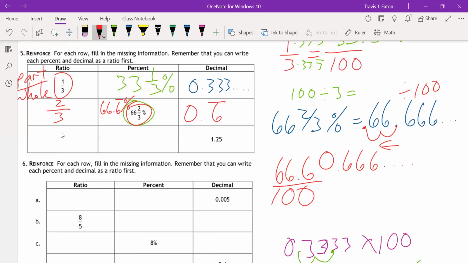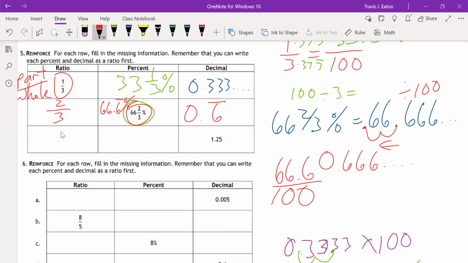And why is that? Well, because when we take 66.666666, divide that by 100, or simplify that down, you end up with the 2/3.